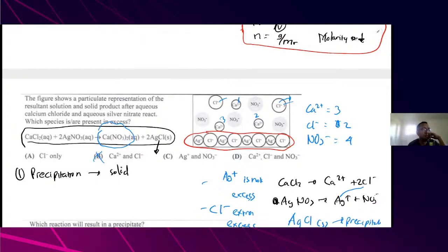Like I mentioned, because over here this one is already precipitate, right? So the excess species will be only Cl minus.